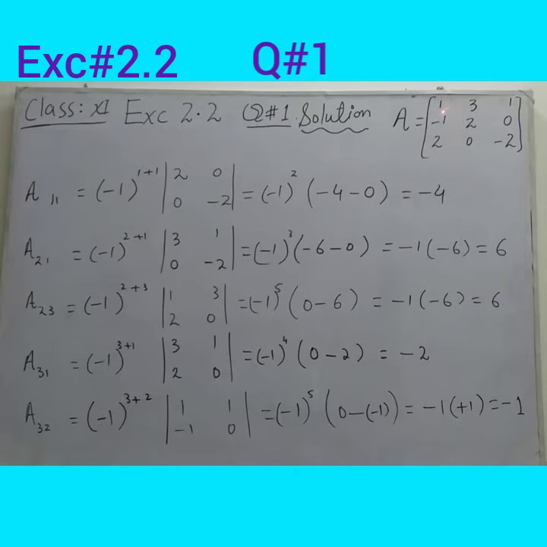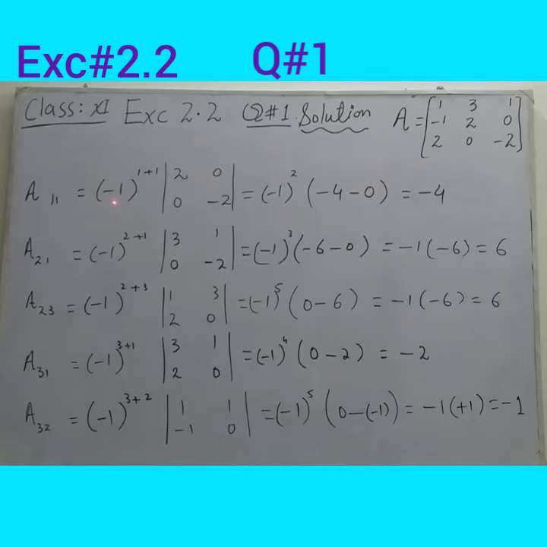So to find its cofactor, we will take its minor, which is equal to, ignoring the row and column with A11, that is this element 1, and writing down the rest 4 elements in a determinant: 2 0, 0 minus 2.